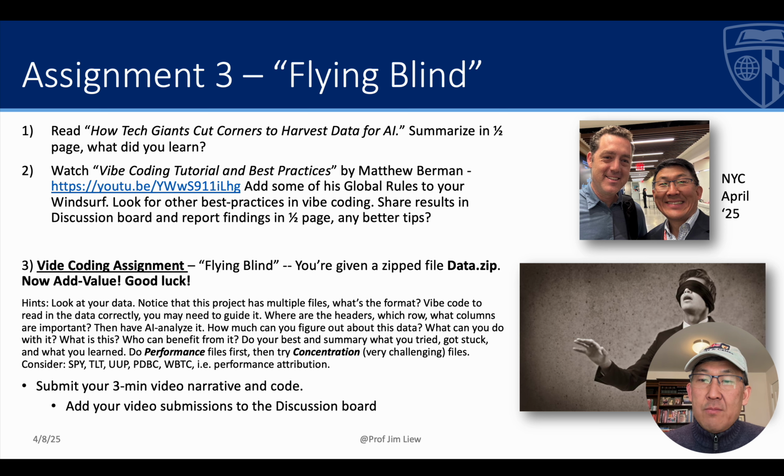But basically, as you'll see in the development of these AI agents, most of the data that has been generated by humanity, not just the data available on the internet and blogs, but also books that were written prior to the internet, much of it has already been incorporated. There are some issues about copyright and pending lawsuits, and this is still an open question. So I just want you to read that article because I think it gives you a really interesting summary of what has happened, and then summarize that in half a page.